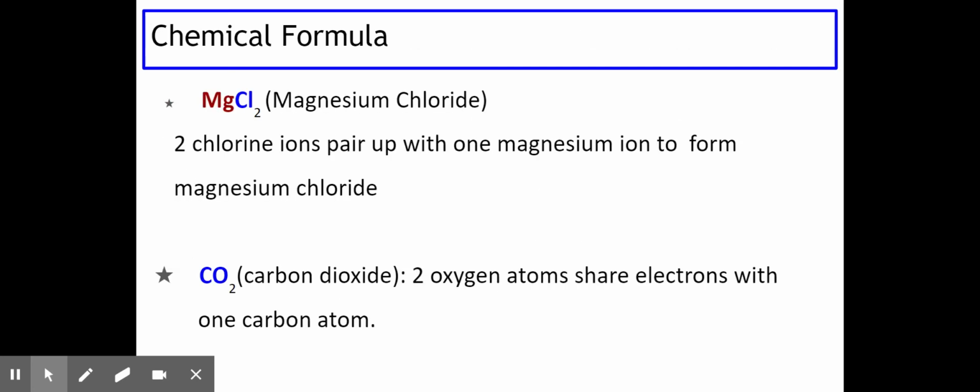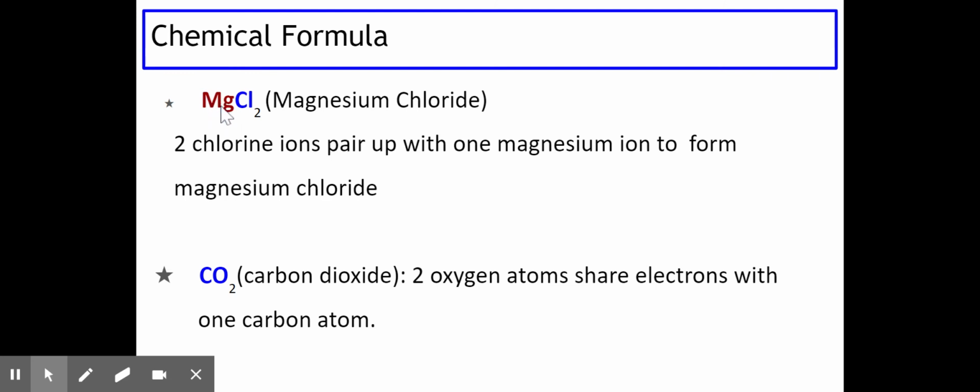Okay, so the last thing I need you to know is the chemical formula part. I'm not going to require you to be able to write a chemical formula when we learn about chemical reactions. But one thing you need to know is, for example, this is MgCl2. For any single element, the first letter is always capitalized and the second one is always lowercase.